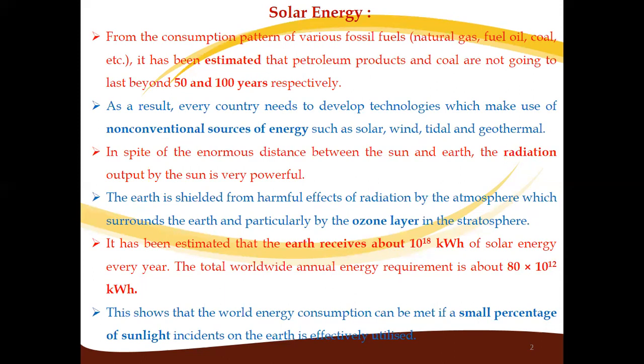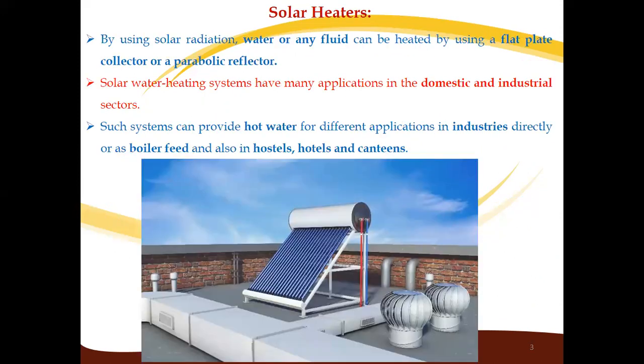Now this solar energy can be utilized in different ways. We can use solar energy for electricity generation or power generation, for storage, and for heating. So for different purposes, we can use this solar energy. The first application of solar energy is the solar heater.